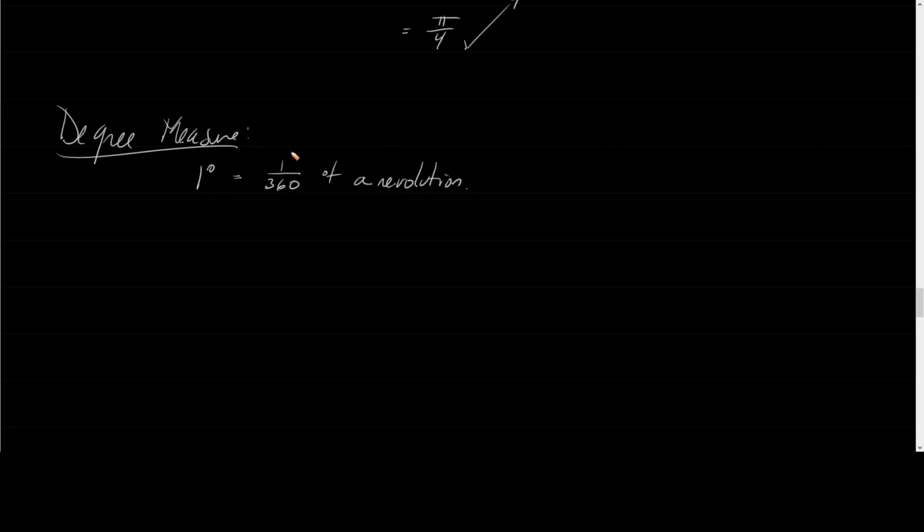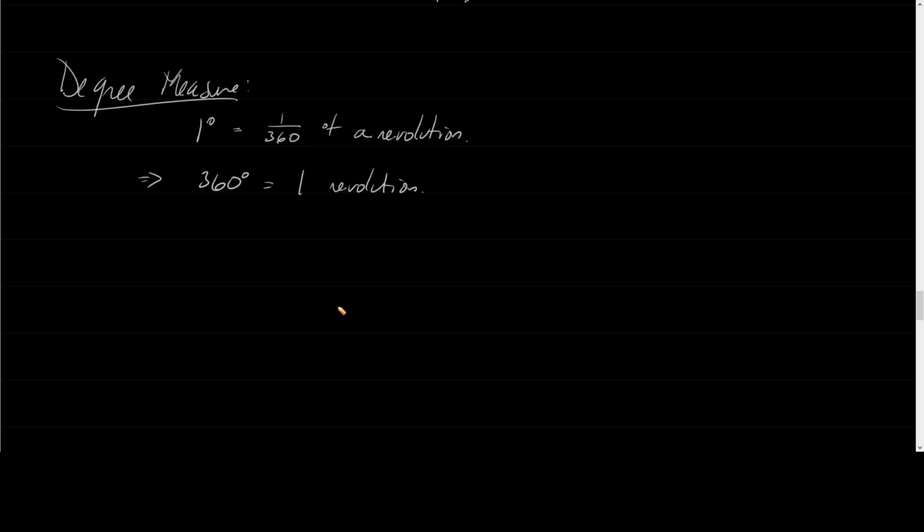Right, so 1 degree is 1/360th of a revolution, which essentially tells us that 360 degrees is equal to 1 revolution. All right. But what do we know about revolutions? In terms of radians before, we said that 1 full revolution was 2 pi radians. I just read it as rad. 2 pi radians. All right.